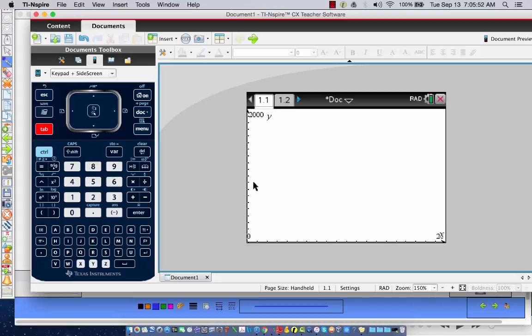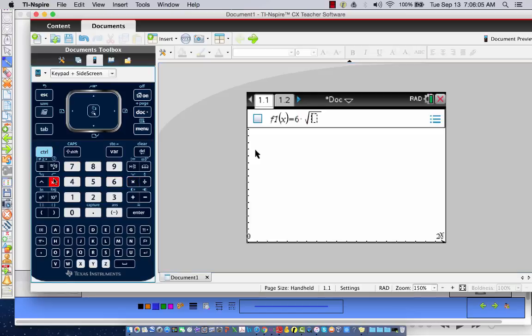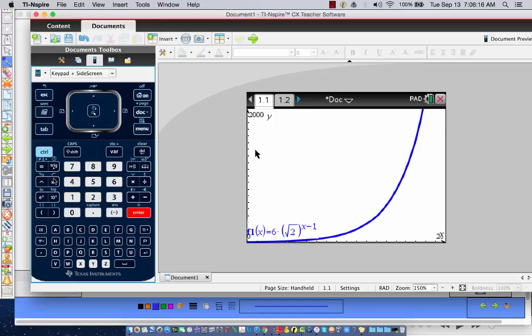And then I'm going to graph the original function here, which is the function for the sequence, 6 times square root 2, to the, using the caret, n minus 1, but on the calculator we have to use x. Okay.